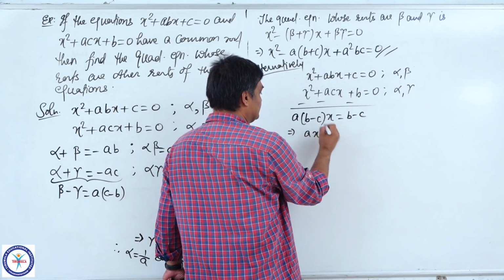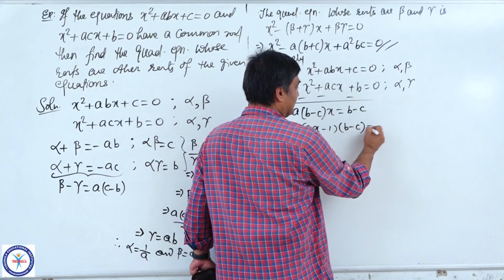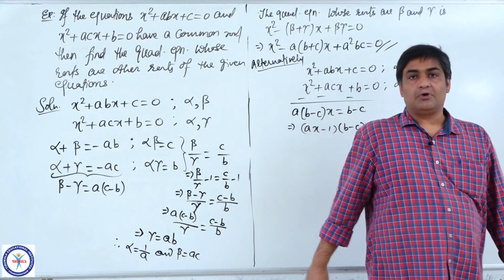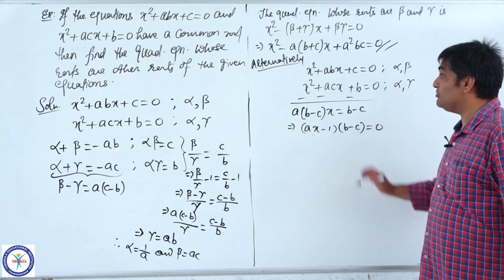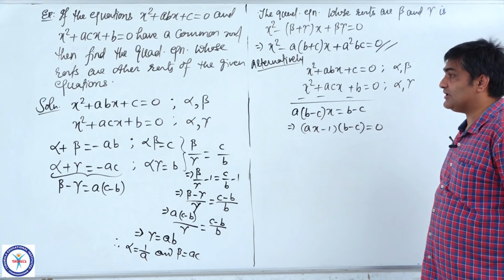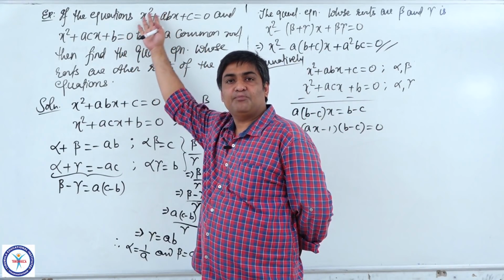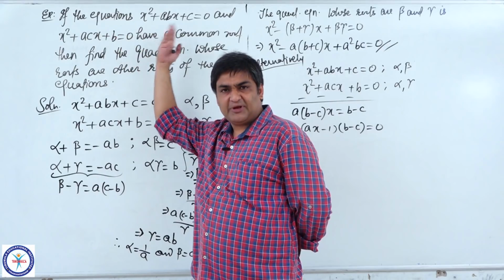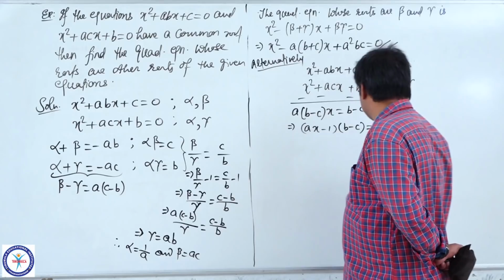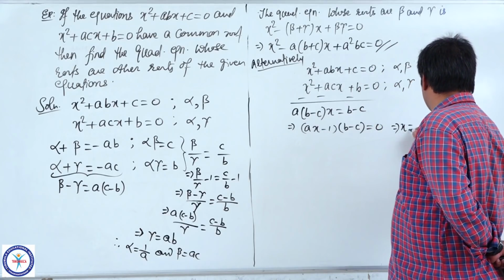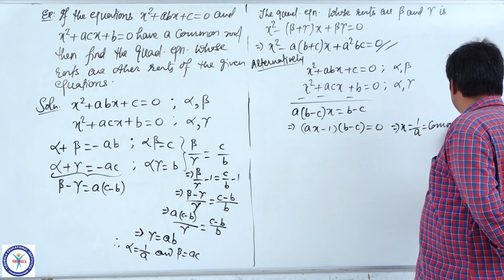So, a x minus 1 into (b - c) is 0. What if b minus c is 0? Means b equal to c. If b equal to c, then both quadratic equations will be the same. There are not two quadratic equations. It means x equal to 1 by a is what? Common root.